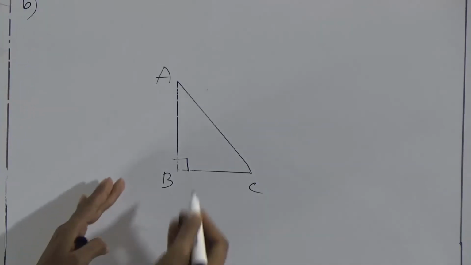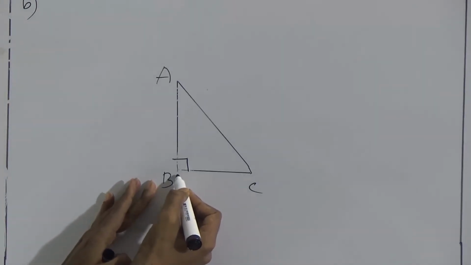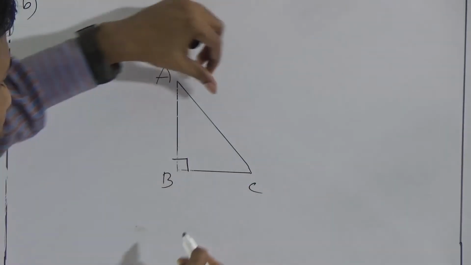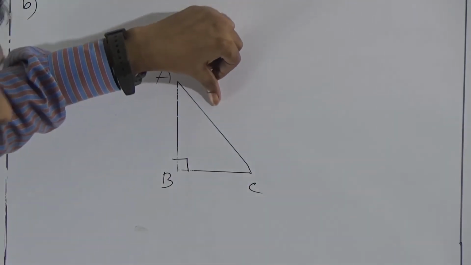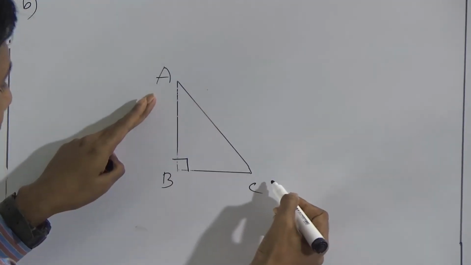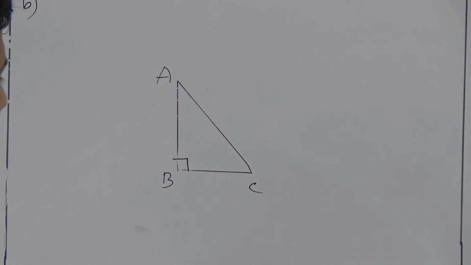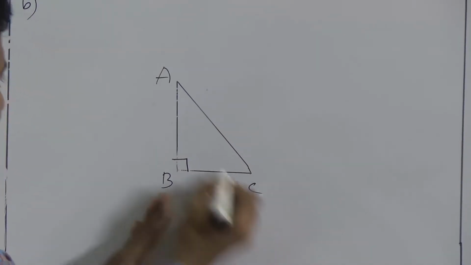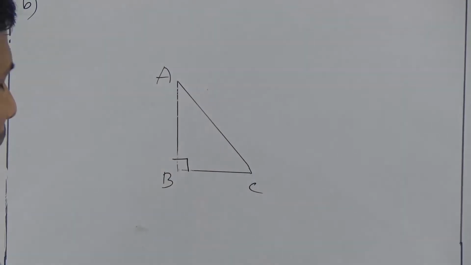Look, angle B is 90 degree and its opposite side is AC, which is known as hypotenuse. BC is base and AB is the perpendicular.